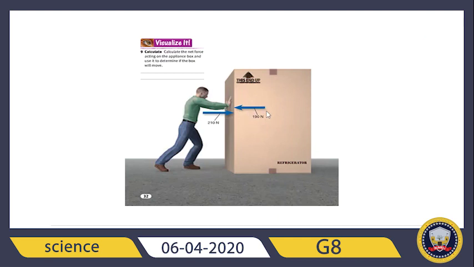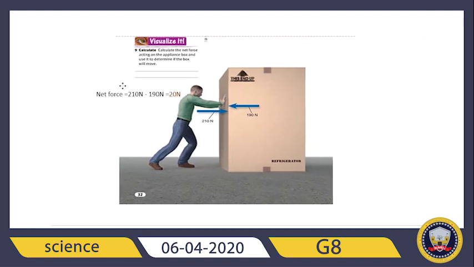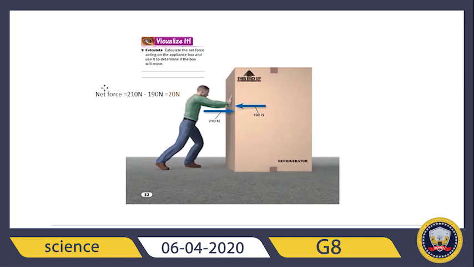As we said, the smaller force will be subtracted from the greater force. So the equation will be as follows: net force is equal to the larger force, 210 Newton, minus the smaller force, 190 Newton, which is equal to 20 Newton.